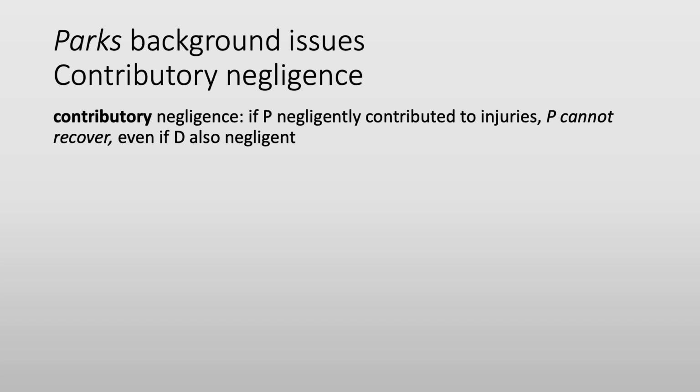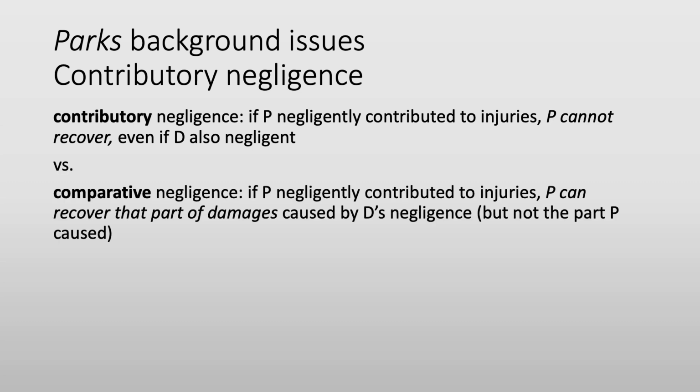One is contributory negligence, which holds that if the plaintiff negligently contributed to their own injuries, they cannot recover, even if defendant was also negligent. The other form, of course, is comparative negligence, which says that if plaintiff negligently contributed to their own injuries, they can still recover that part of the damages caused by defendant's negligence, even though they can't recover the part of the damages caused by their own negligence.